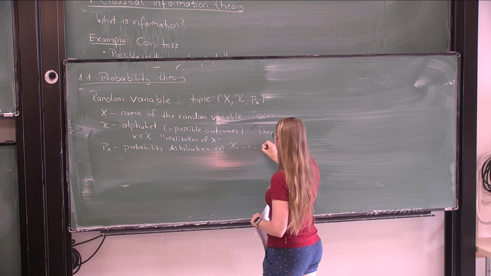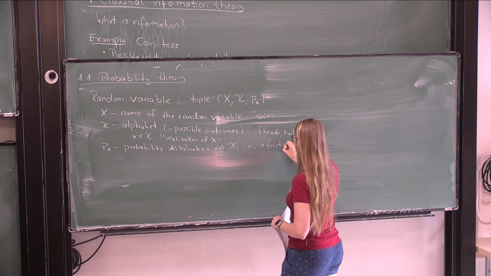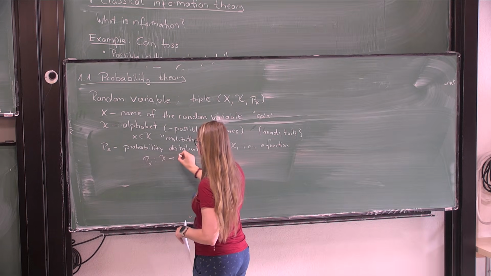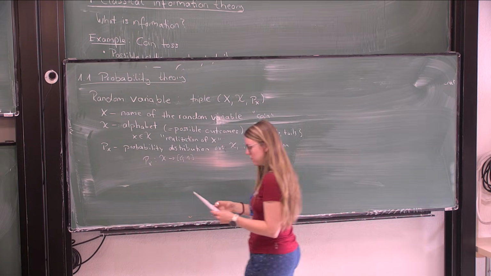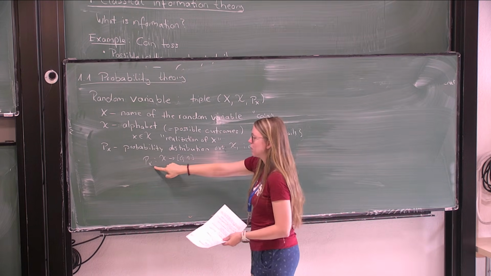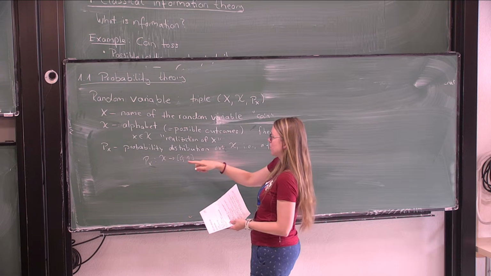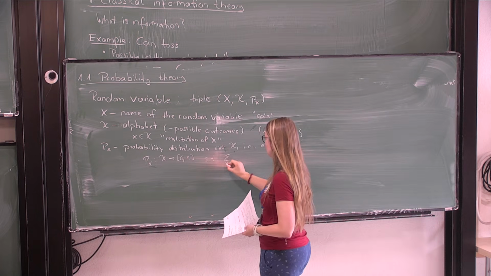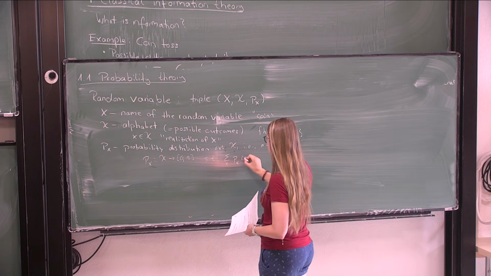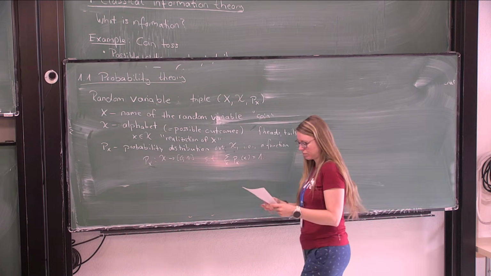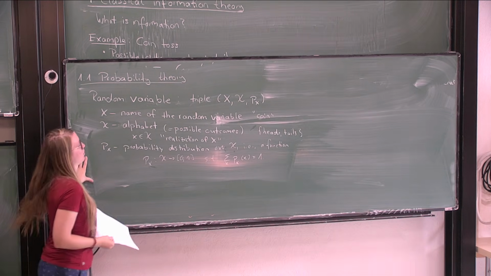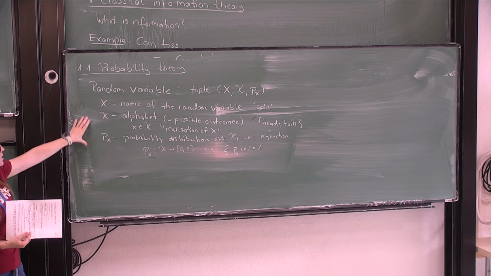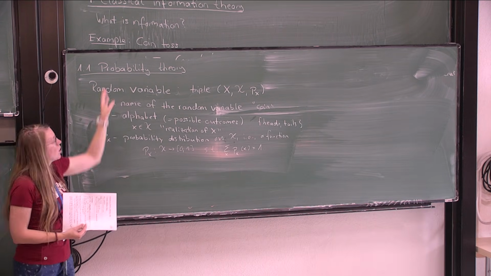So it's a function that takes the alphabet and maps to the interval 0 to 1, such that all the elements in the alphabet sum to 1. Okay. That's the central object that we need to describe our experiments.